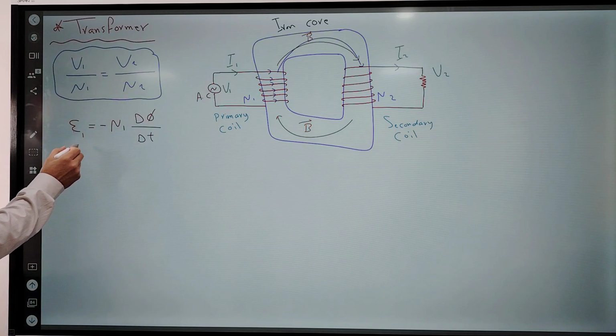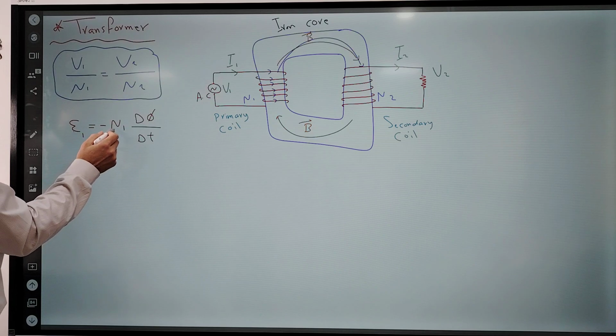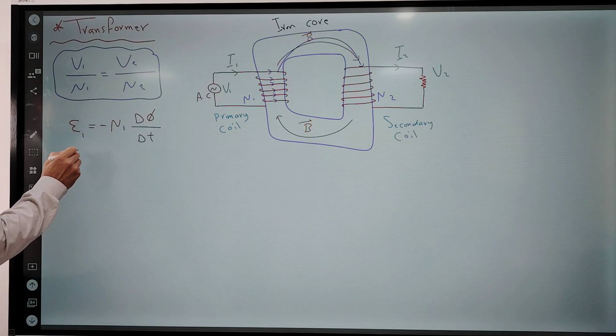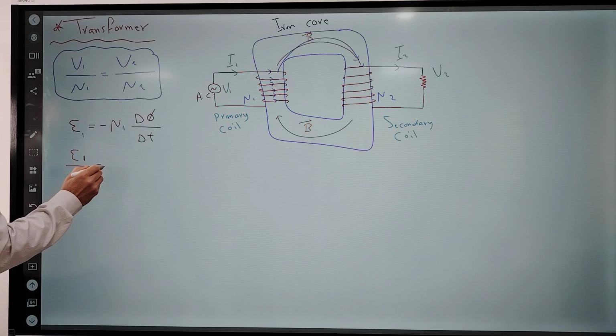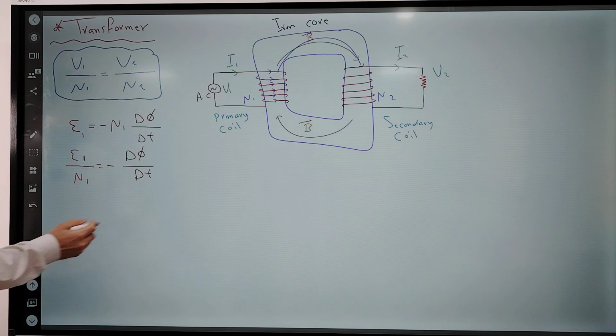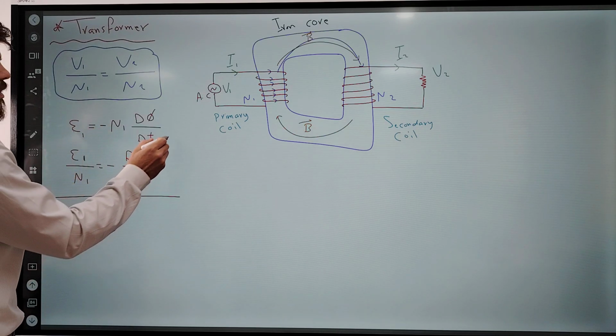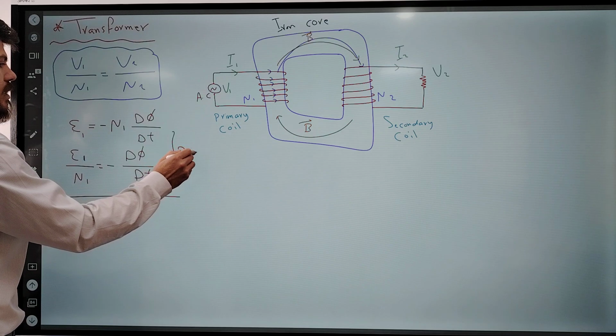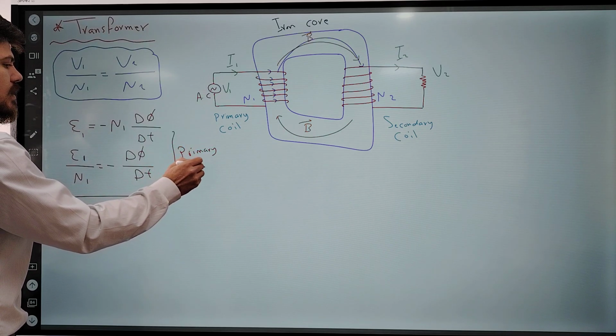If you rearrange this equation, taking N1 to the other side, it becomes E1 over N1 equal to negative change in flux per unit of time. This is for the primary coil.